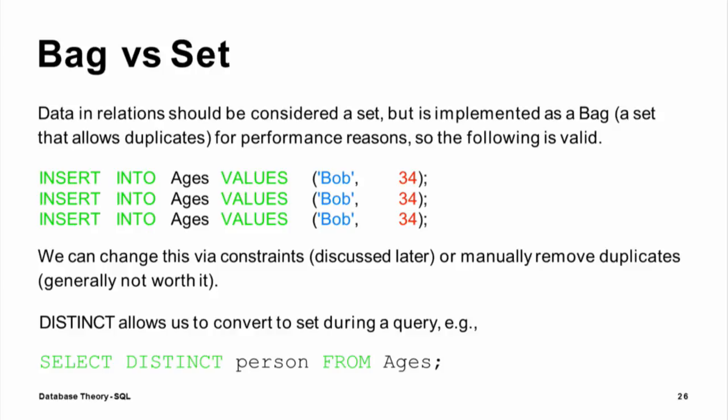That's not a problem. And that means that this is a bag. It's not a set. The problem comes later on when you ask for that Bob guy, how old are you? Well, you will get 3 rows as a result. And then you realize, okay, there are some duplicates here.